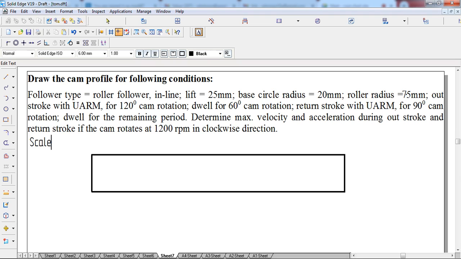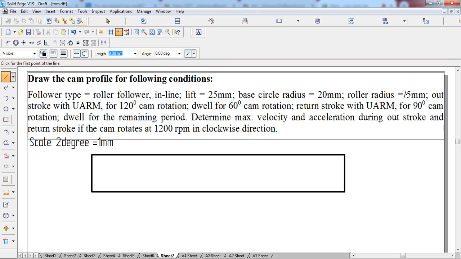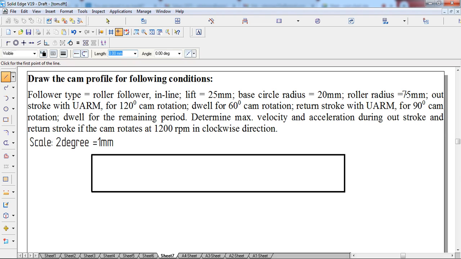Scale: 2 degree equal to 1 mm. Next, which type of motion are you going to draw? URM, for outstroke and also for the return stroke, both are URM.